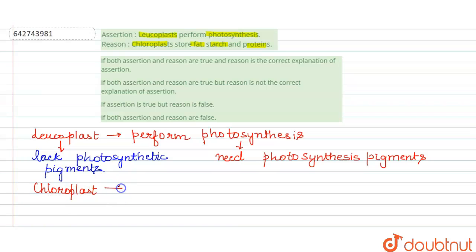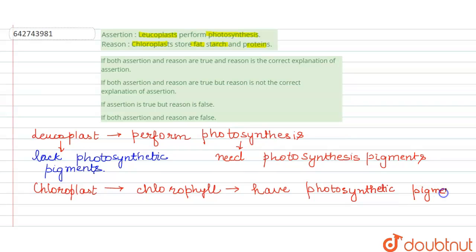So the chloroplast contains the chlorophyll, which further has the photosynthetic pigments, right? They have the photosynthetic pigments.